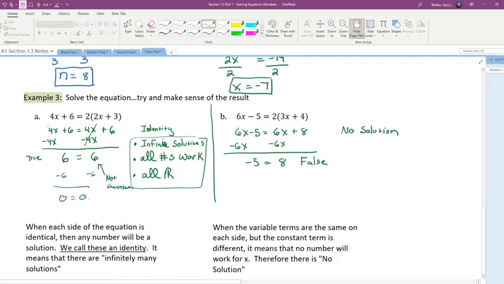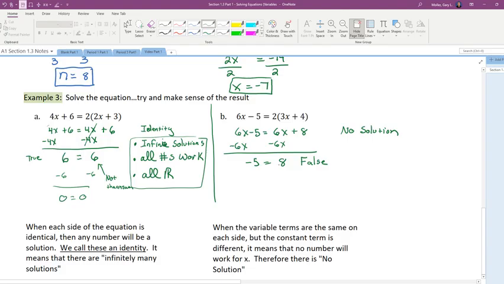So if that happens at any stage, you notice exactly the same, this is called an identity, infinite solutions. Over here, same variable, different constant. You might not notice it here, but I hope you would notice it here because my variables disappeared. And that's weird, right? Usually I was expecting an x equals, x is gone. And I got a false statement.